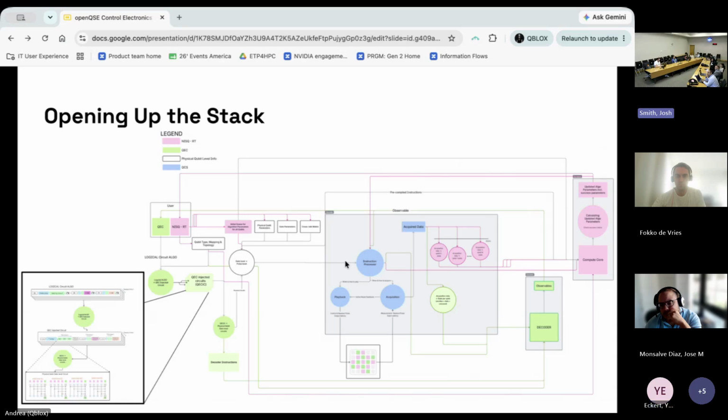I was asking, if you see the pink lines between the control and the GPUs, if you were doing error correction, would you have that pink line also go through the Riverlane stack there that's in the green?